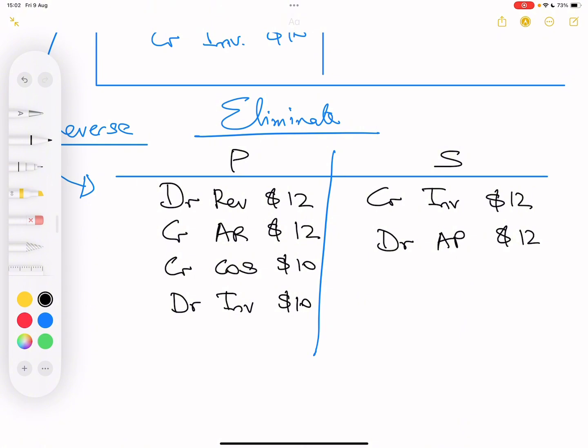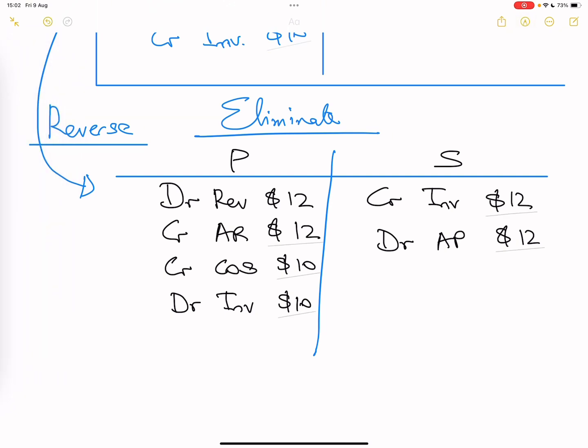I know I've shown you all the accounts and it's looking like so many entries to reverse. However, you don't need to put every single detail like this. This is just to help you understand why the rule is the way it is, right?